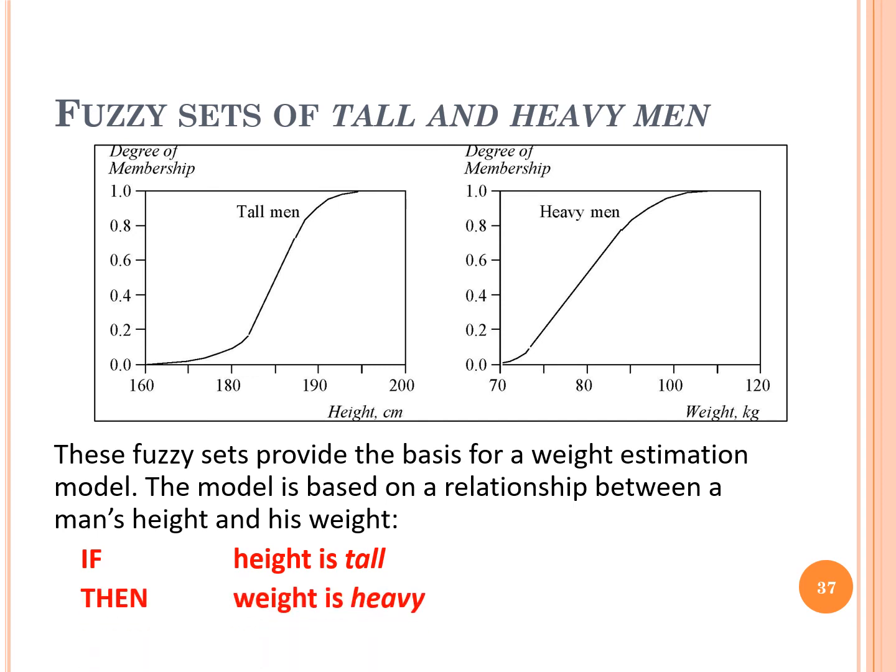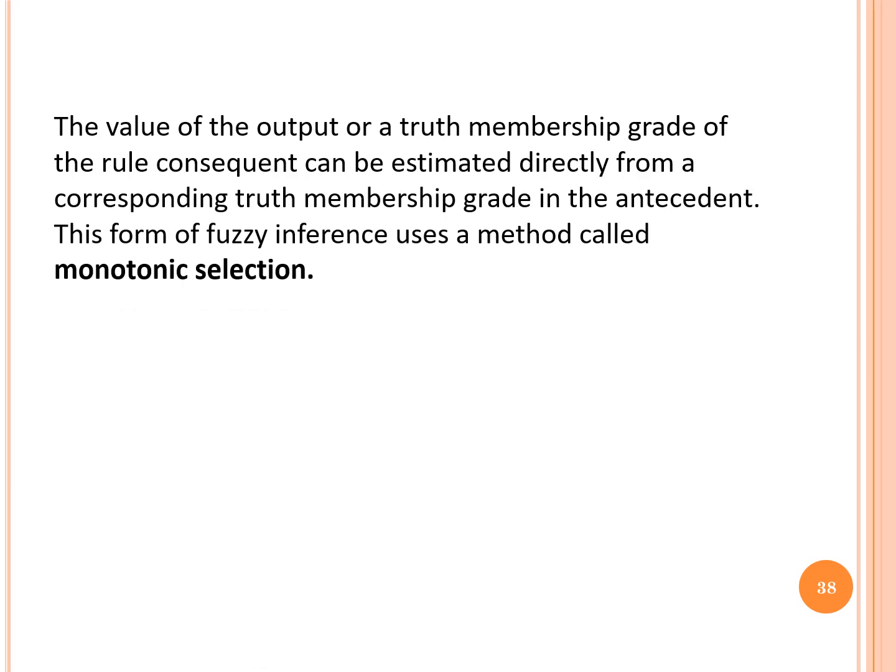So we can make the rule: if height is tall, then weight is heavy. The true membership value of the rule consequent can be estimated directly from the corresponding true membership value in the antecedent. This form of fuzzy inference uses a method we call monotonic selection.